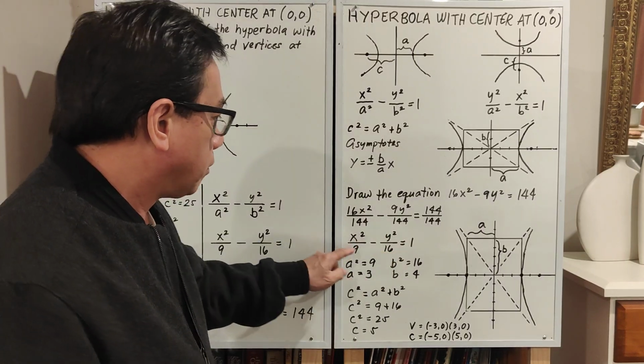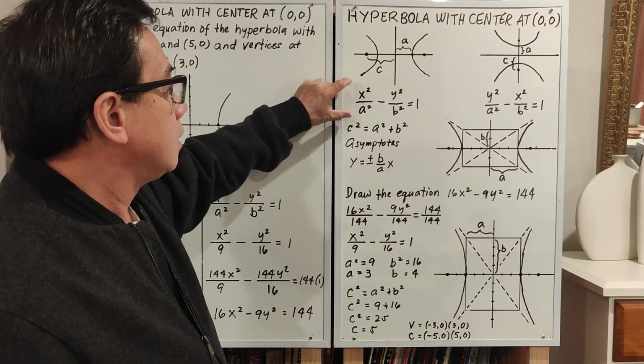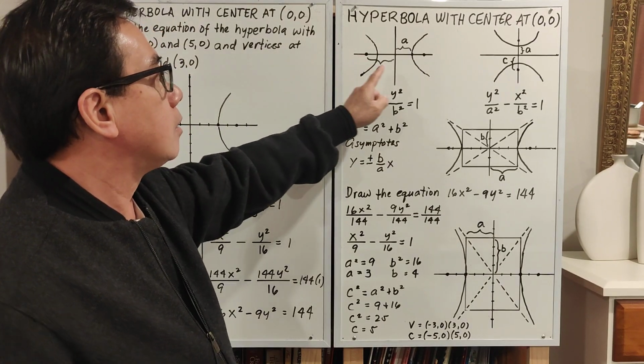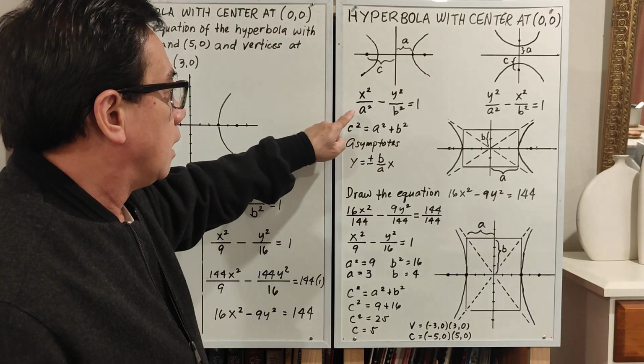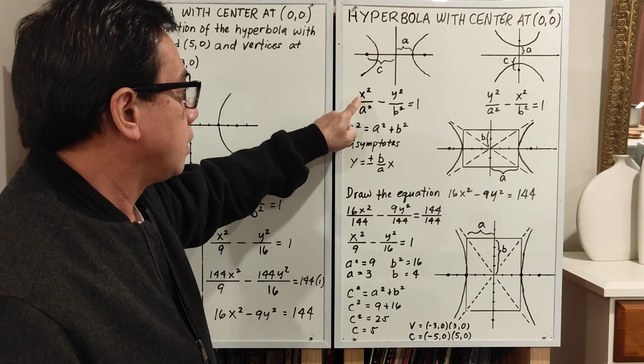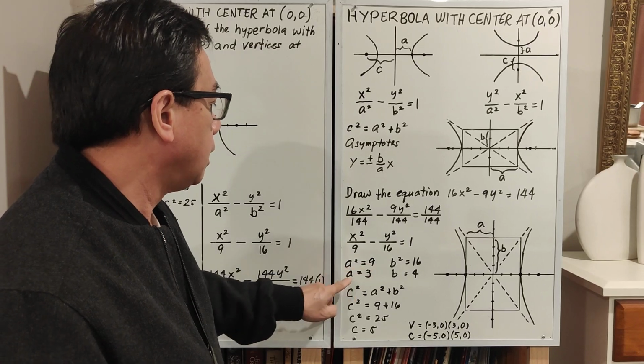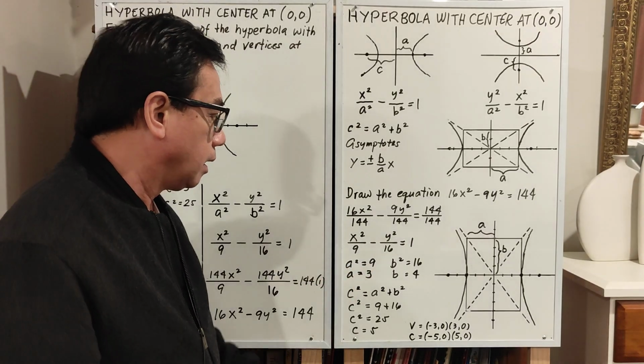Looking at this equation, it is similar to this one, so we know that your hyperbola opens to the left and to the right. In here, your a squared is under x squared, so a squared is equal to 9, and a is equal to 3.